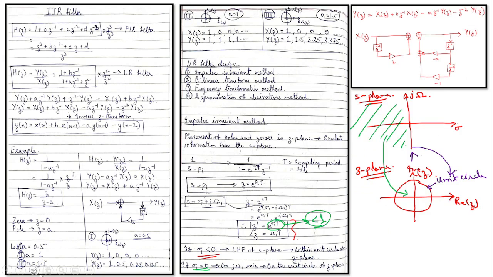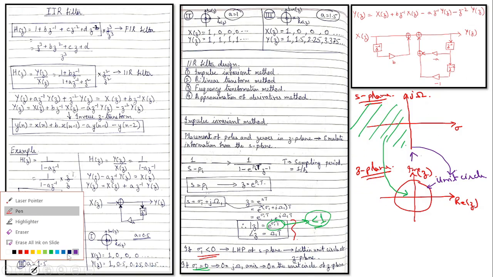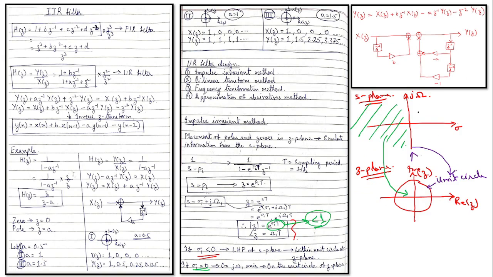So in that case, the right hand plane would be mapped outside the unit circle.